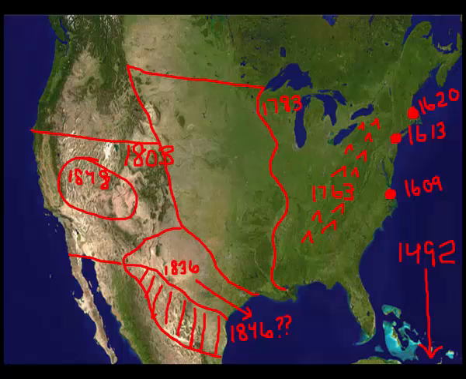It is what we gain from Mexico at the end of the Mexican War. At the same exact time this is happening, James K. Polk, president at the time, and we will go over him in detail when we get to that time period, was threatening the British over the Oregon Territory.